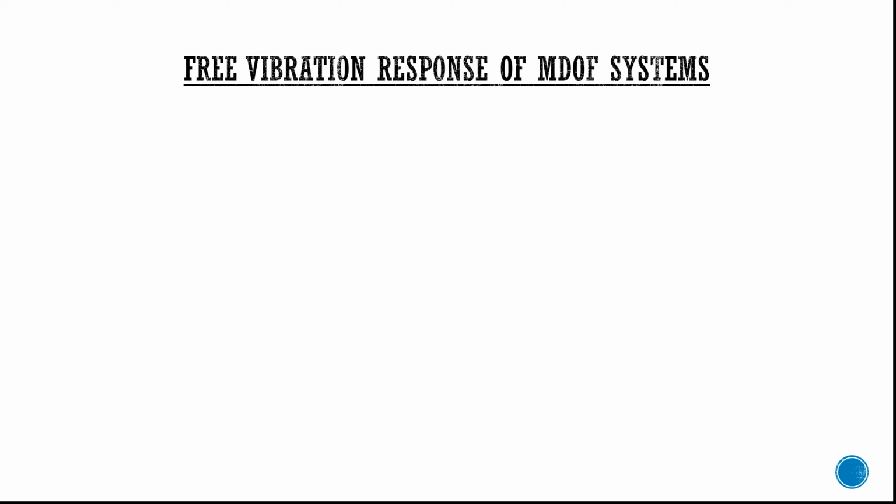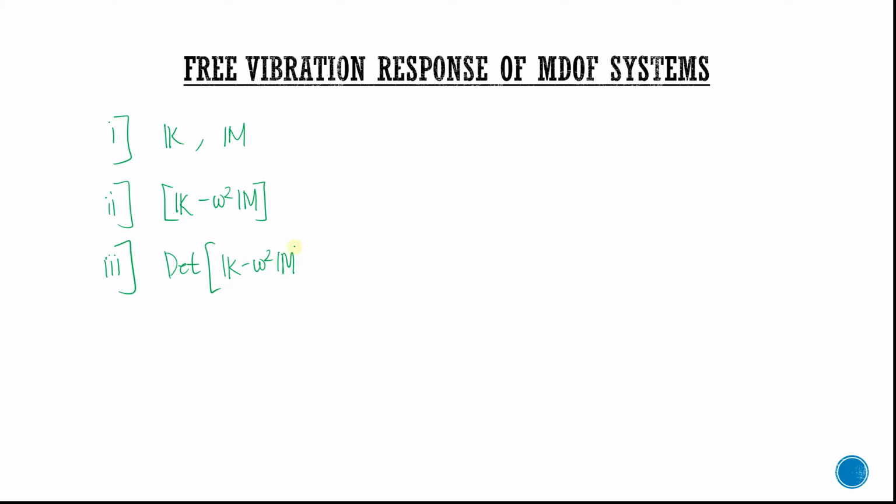So just for the summary, now you need to have your stiffness matrix and as well your mass matrix. And afterwards, you get the difference of the stiffness matrix minus the square of the natural frequencies times the mass matrix. And then you'll be able to solve for the natural frequency by getting the determinant of that simplified matrix equal to 0.